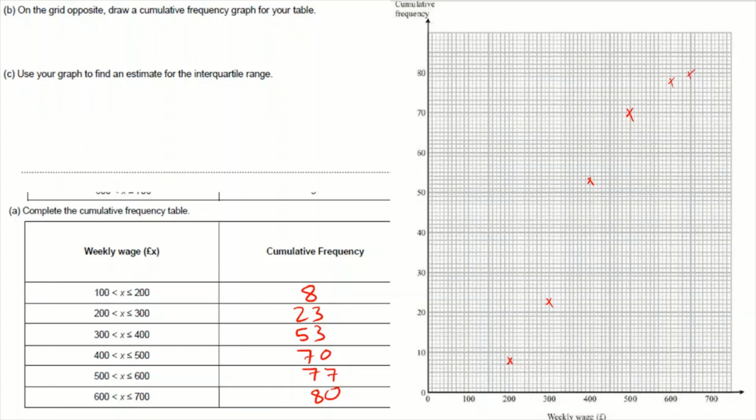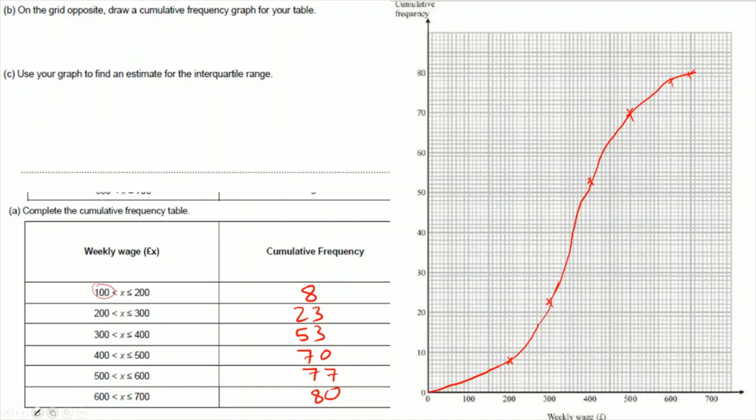We then draw a smooth curve through all of these points. And that is our cumulative frequency graph done. It doesn't have to go through 0, it can meet at 100 because the smallest value was 100.